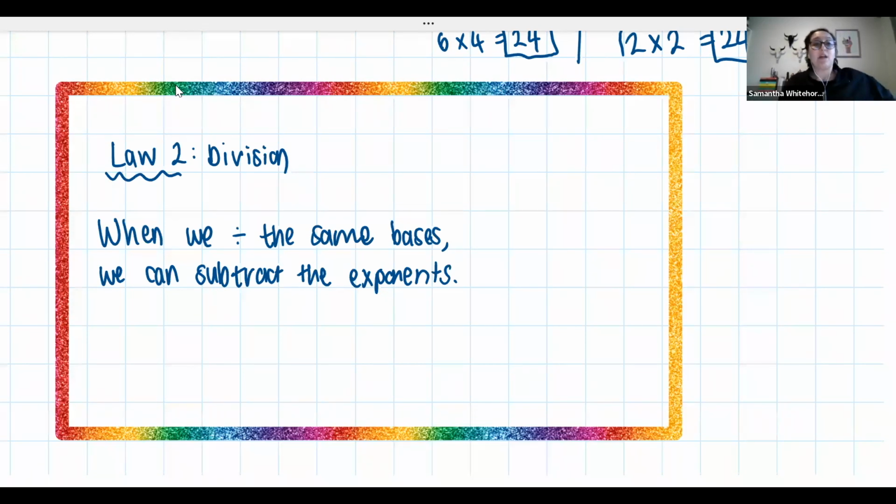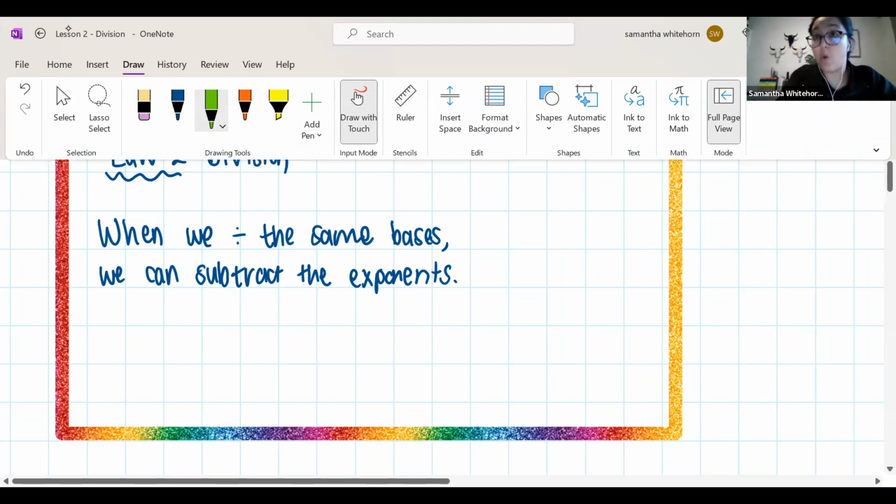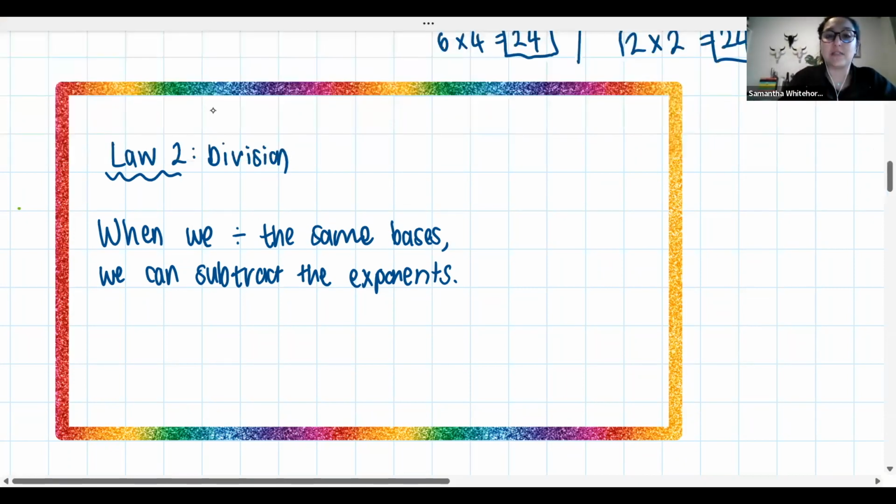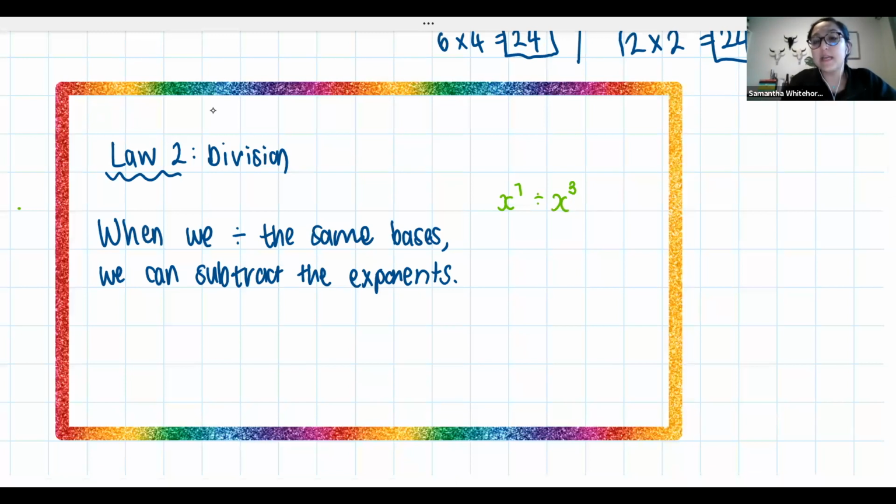Alrighty, so law 2, when we divide the same bases, we can subtract the exponent. So much like law 1, we need to have the same bases. That's very important. So let's have a look at an example of why this law exists and why I can subtract the exponents. So if I had, for example, x to the power 7 divided by x to the power 3, if I imagine this as a fraction, I've got x to the power 7 over x to the power 3.